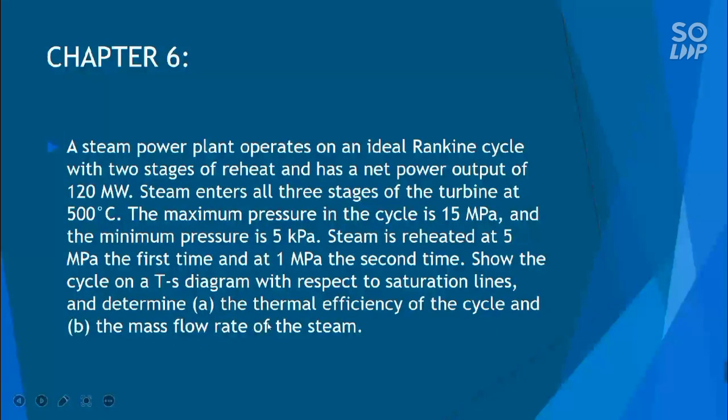So in this problem, a steam power plant operating on an ideal Rankine cycle with two stages of reheat is considered, and the thermal efficiency of the cycle and the mass flow rate of the steam are to be determined. Also, we are tasked to show the cycle on a TS diagram with respect to saturation lines.